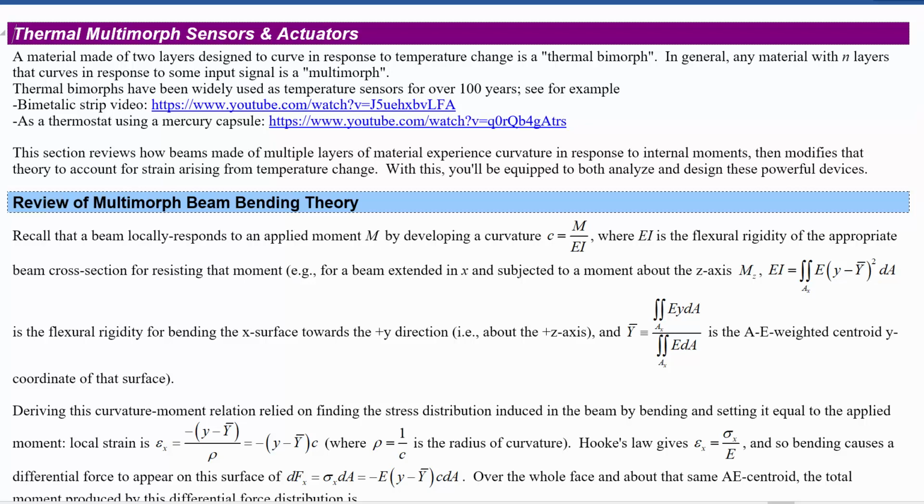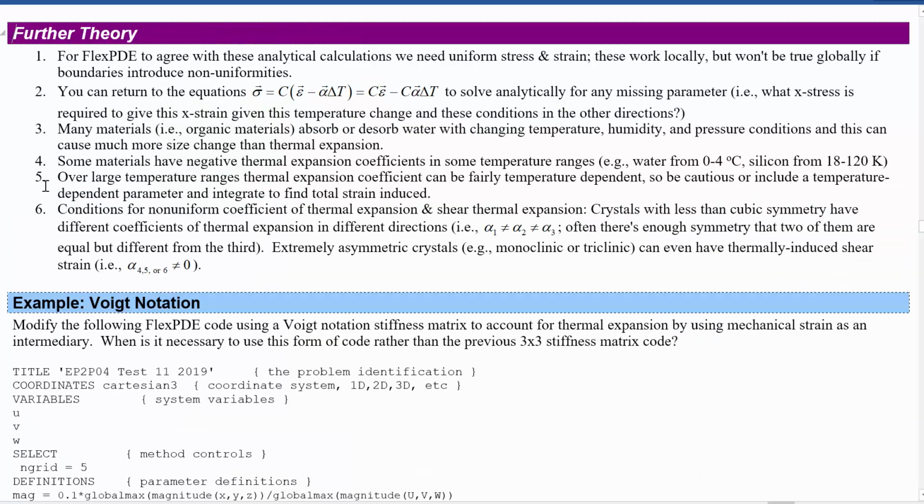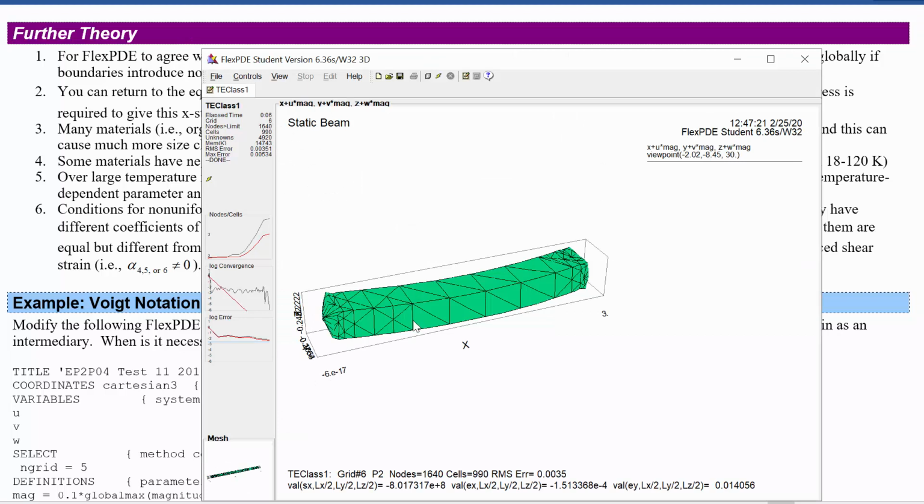Just a little bit more before we go on with that, a little bit on further theory for this bending stuff. In Flex, it's not going to agree with the analytical calculations, not totally, unless we've got a uniform stress and strain situation. This is not going to be uniform because of these anchors that are showing up here, leading to a difference in the stress when we're close to the wall compared to towards the middle.